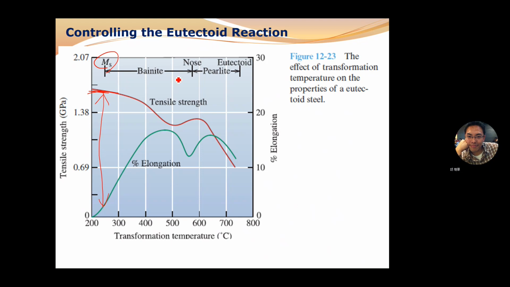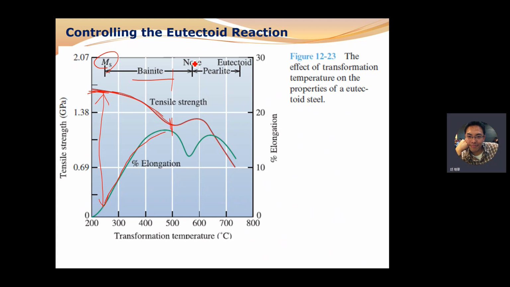And for the bainite structure, this UTS is dropped substantially, and this elongation increases. That means the ductility increases. And there's a critical point right here.